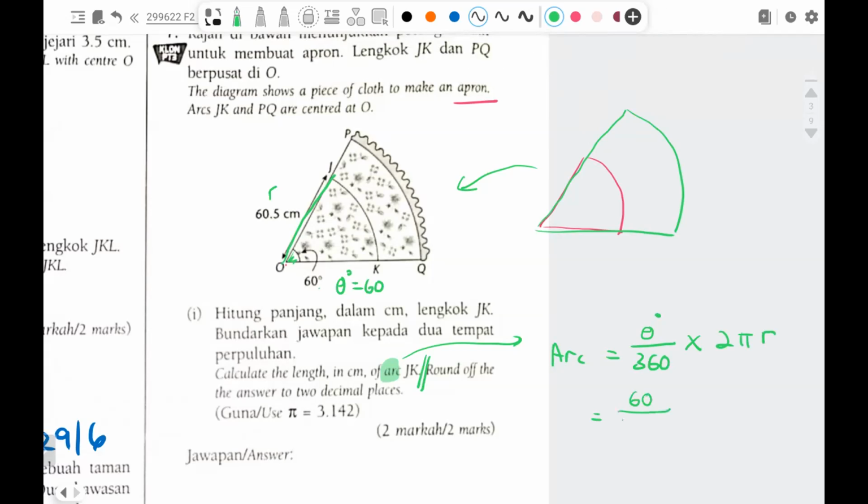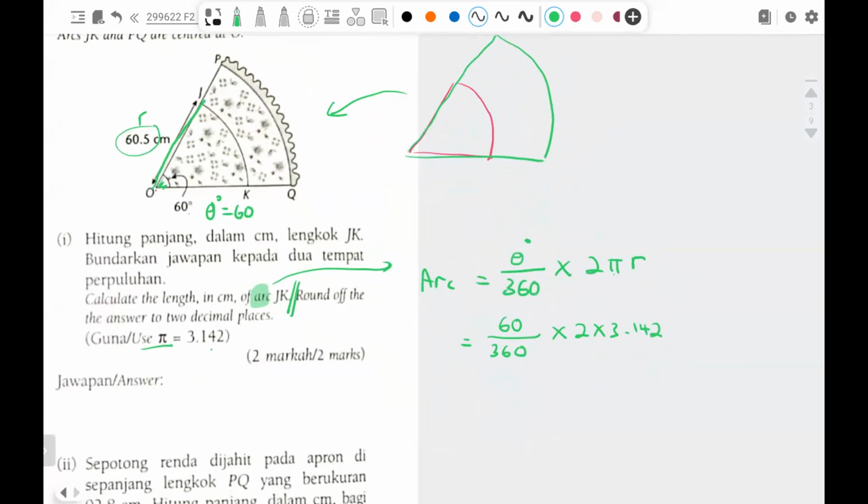60 over 360 degree times 2 times pi. Use pi equal to 3.142. So we substitute the decimal 3.142 times radius 60.5. Then you can write down the answer in cm.